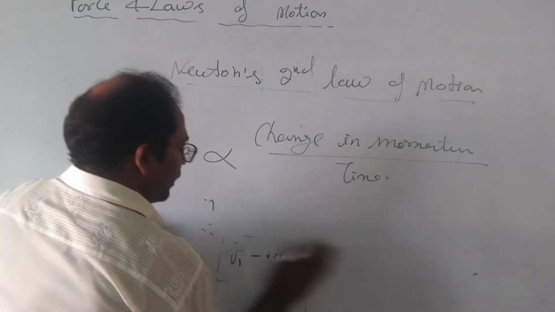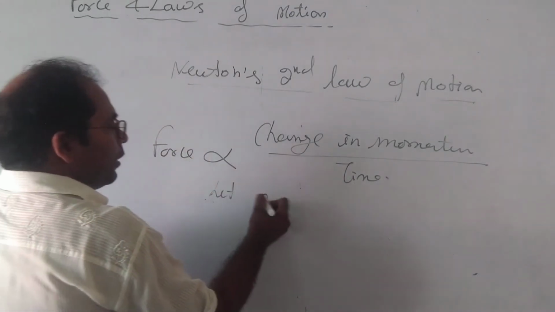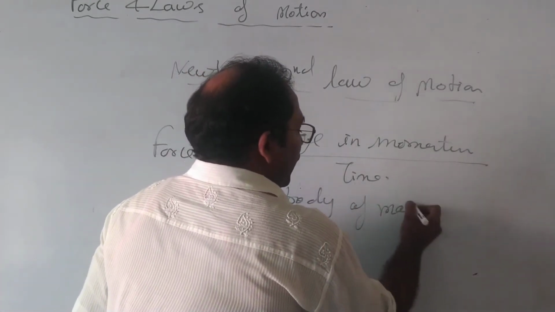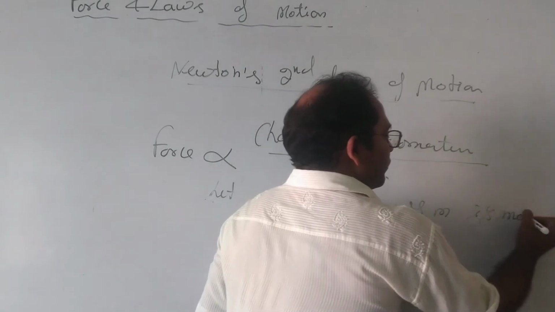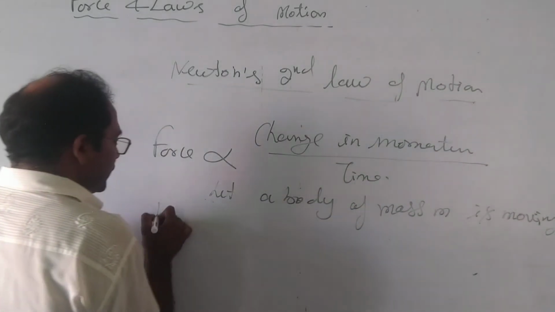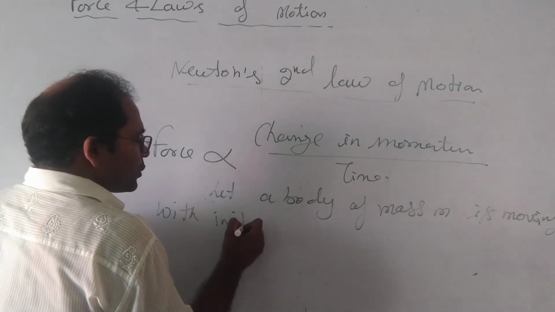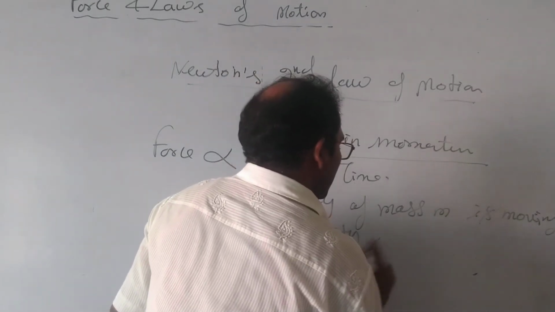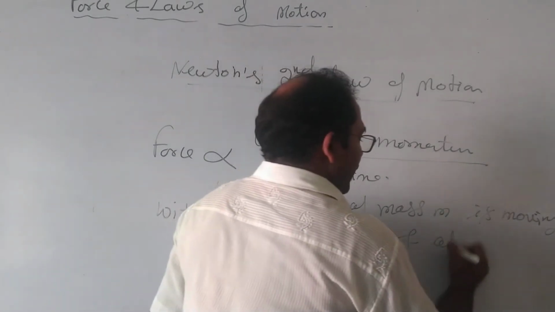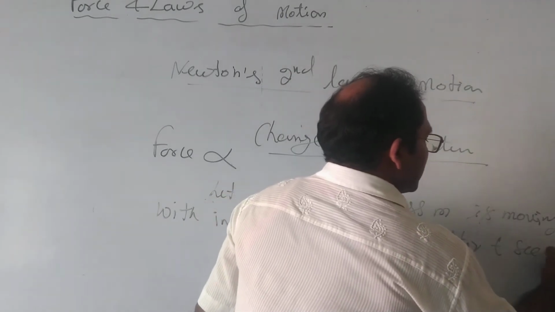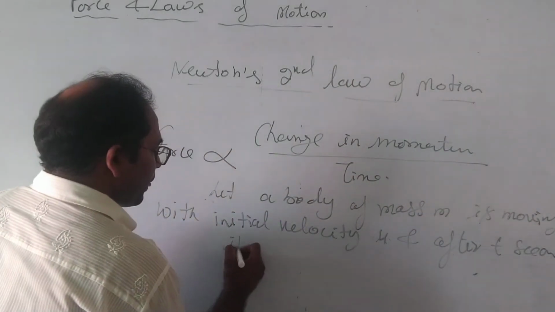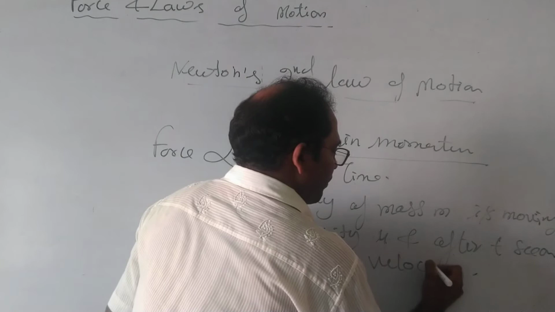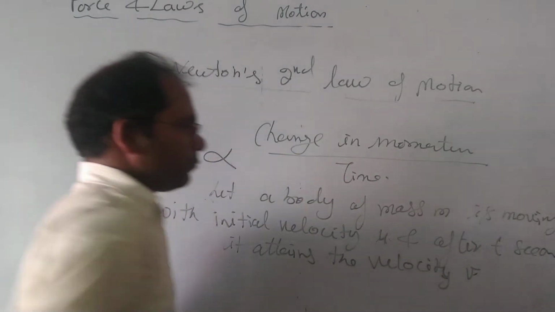Let a body of mass m be moving with initial velocity of u, and after t seconds it attains the velocity v.